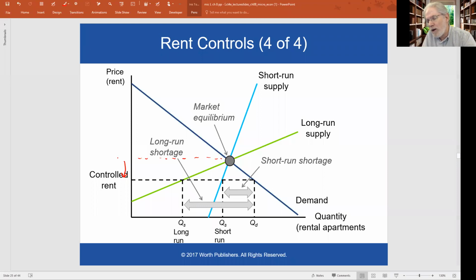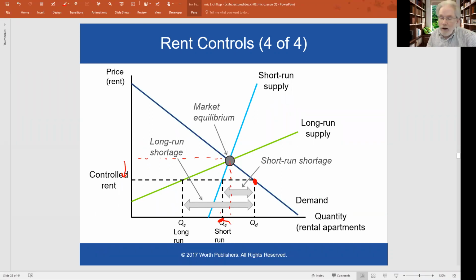So in the short run, because the rent is lower, quantity demanded is going to be greater, okay? Partially because people who were sharing apartments before, now they want their own apartment because it's cheaper. So quantity demanded is going to be greater. Quantity supplied, notice, goes down a little bit initially.